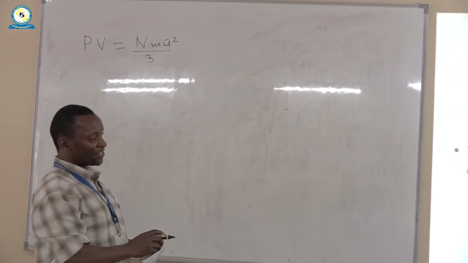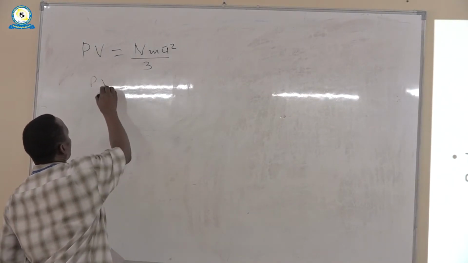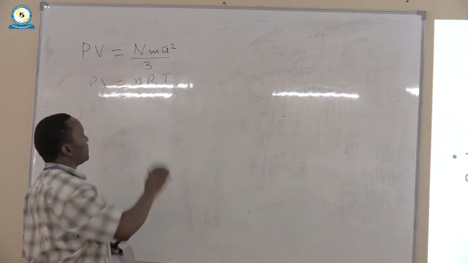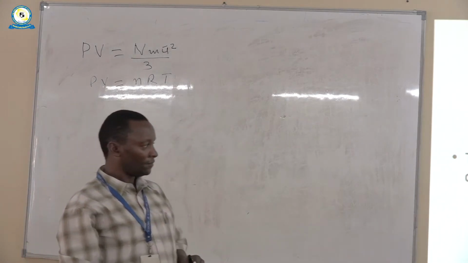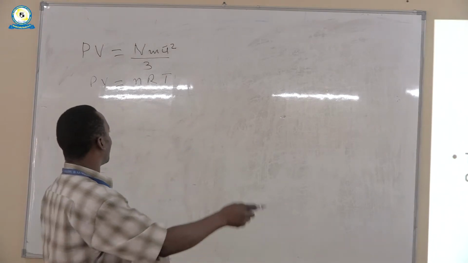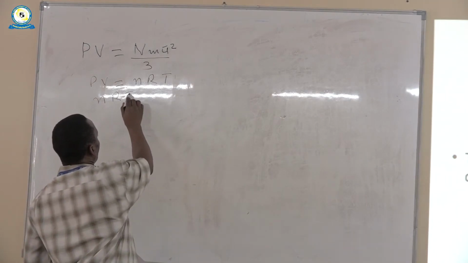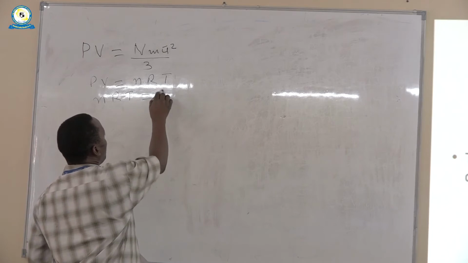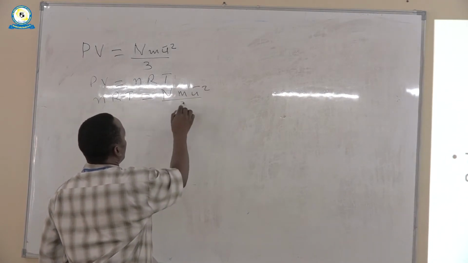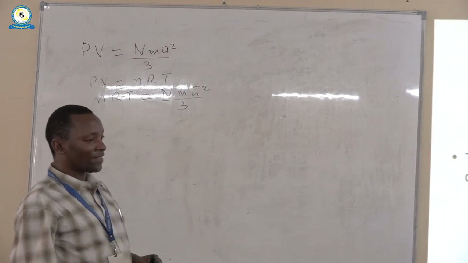From the ideal gas equation, we know that PV is equal to nRT. So we can say that nRT is equal to N m u squared divided by 3.